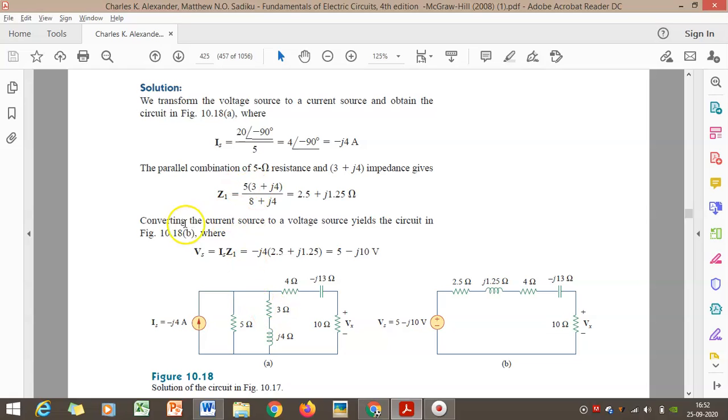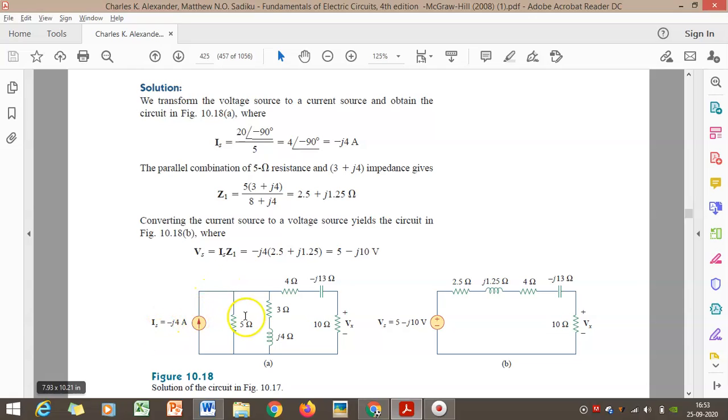The next step is converting the current source back to a voltage source. Now we have a current source with a parallel impedance of 2.5 plus j1.25 ohm. A current source in parallel with an impedance can be converted to a voltage source in series with the same impedance.